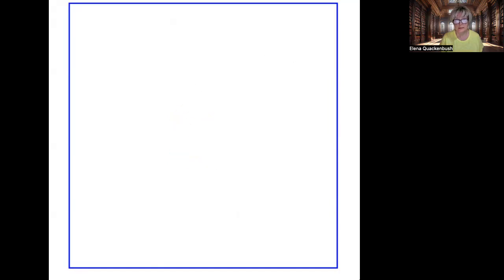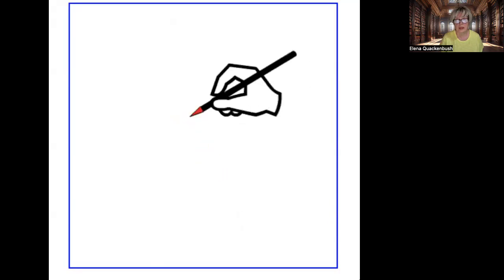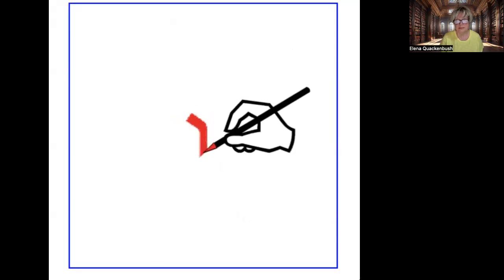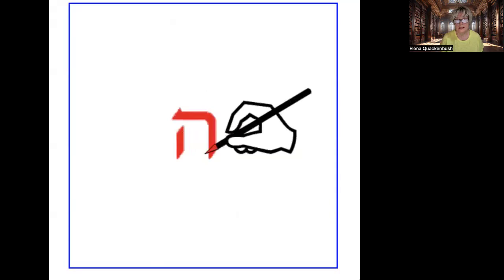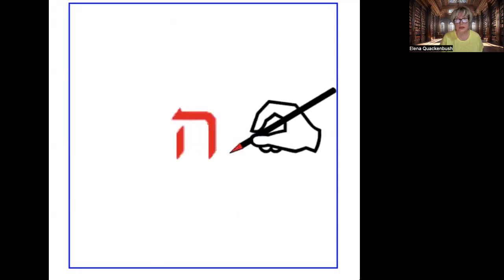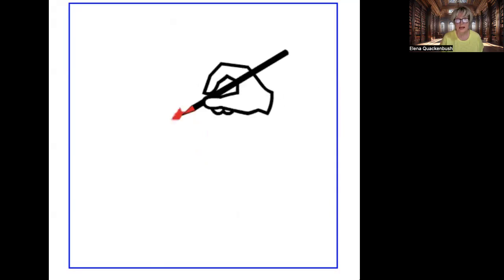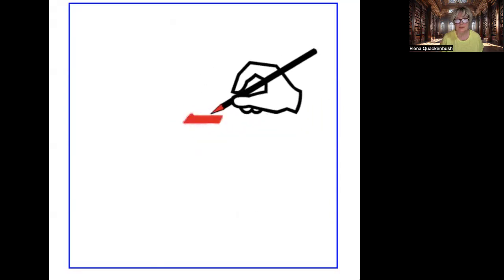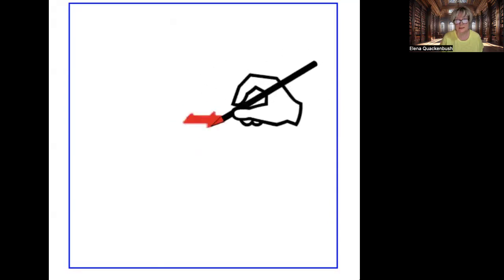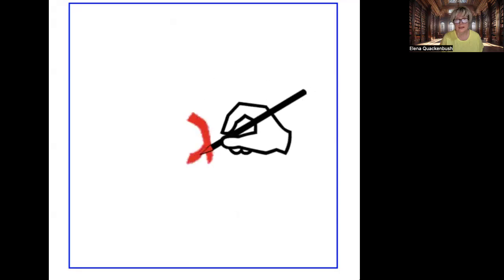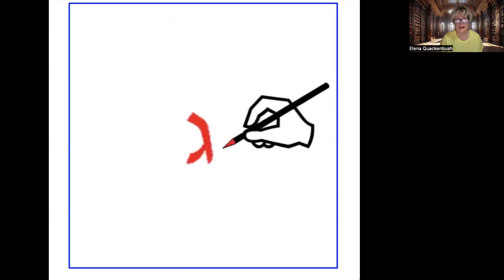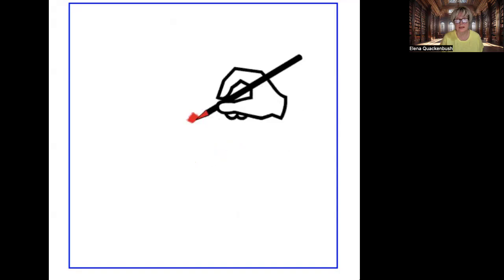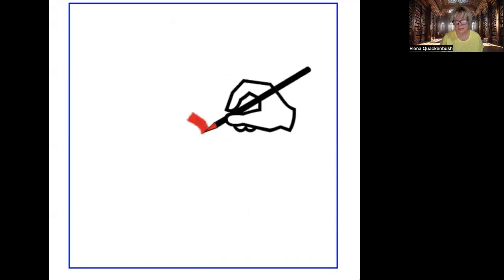What is this letter? It says Vav. What is this letter, with a window to breathe? It says Hey. What is this letter? Like a door, Dalet. What is this letter? Come on, camel, Gimel.